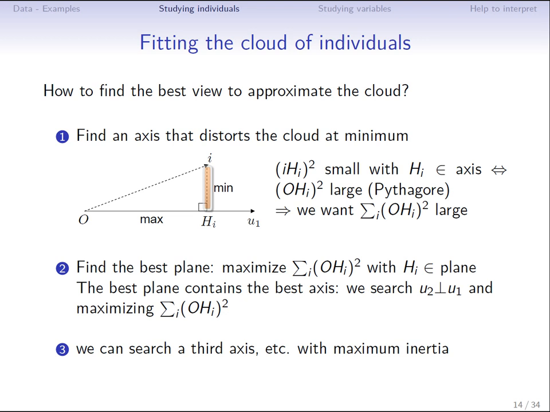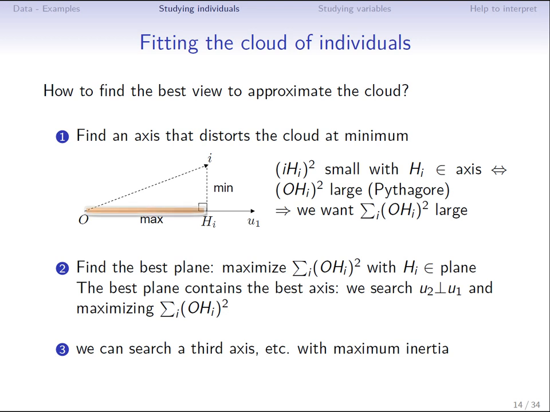And I want the squared distance between an individual and its projection to be as small as possible. Since the distance OI between an individual and the origin is always the same, IH_i is small if OH_i is large. That is thanks to Pythagoras. Since OI squared is constant, IH_i squared is small if OH_i squared is large.